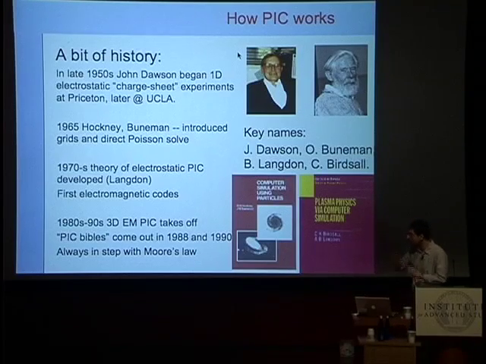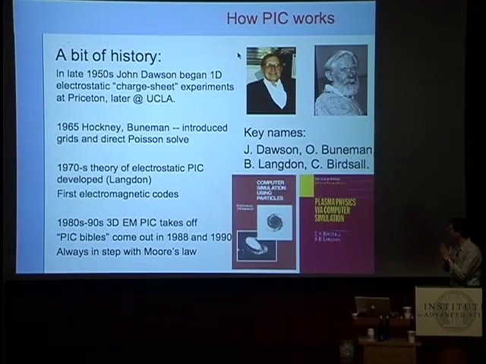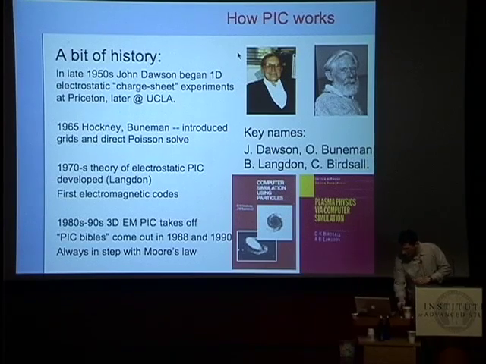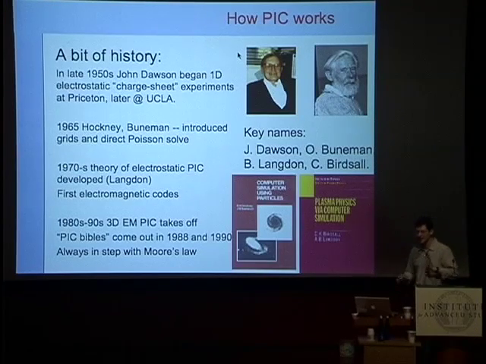OK, so just to give you a bit of background on names and history of this subject. The whole thing started essentially in the 1950s with John Dawson, who was, I think, at Princeton at the time, but then was later at UCLA. He began computer experiments in the 1950s, imagine that, right?